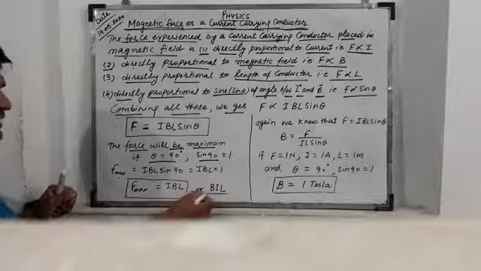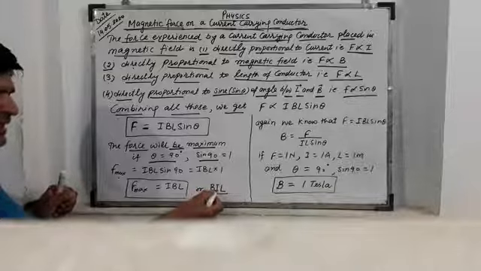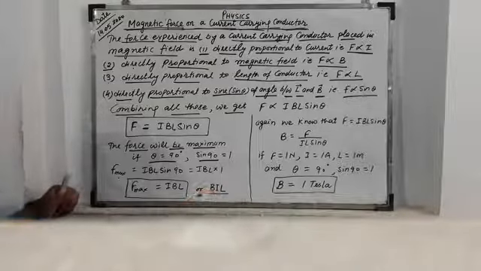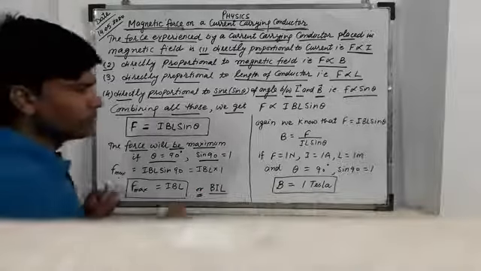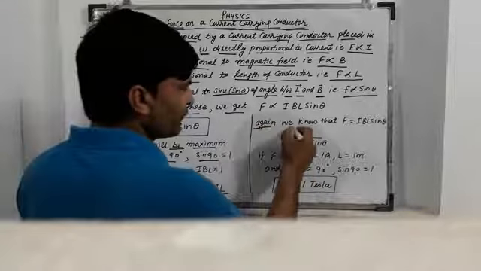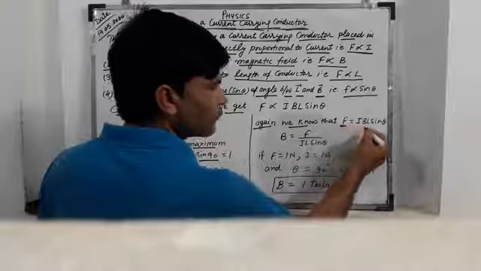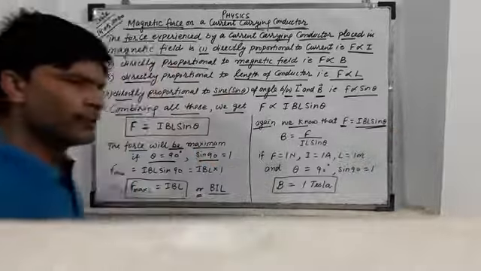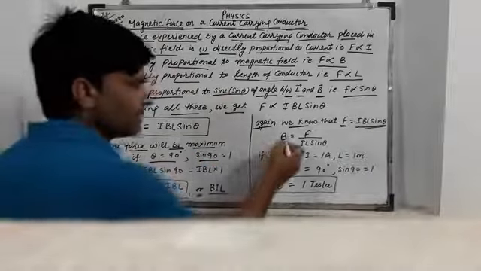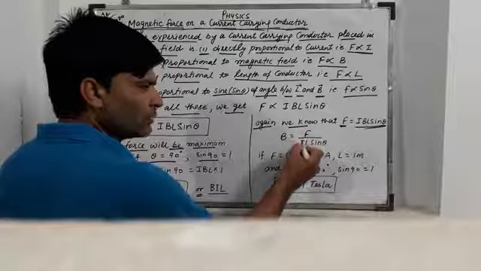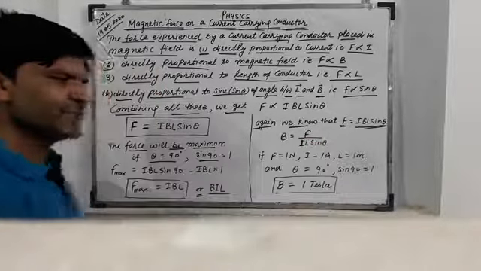This can be read as BIL, bill. Now again we know that F is equal to IBL sine theta. So B is equal to F upon IL sine theta.